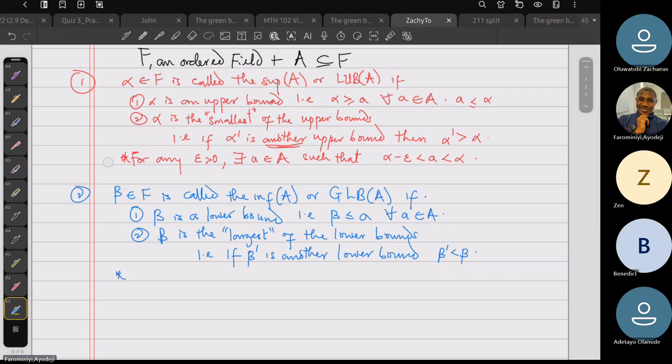Okay, anybody? Let's see. If you look at the picture, beta plus epsilon. Yeah, that is fine.